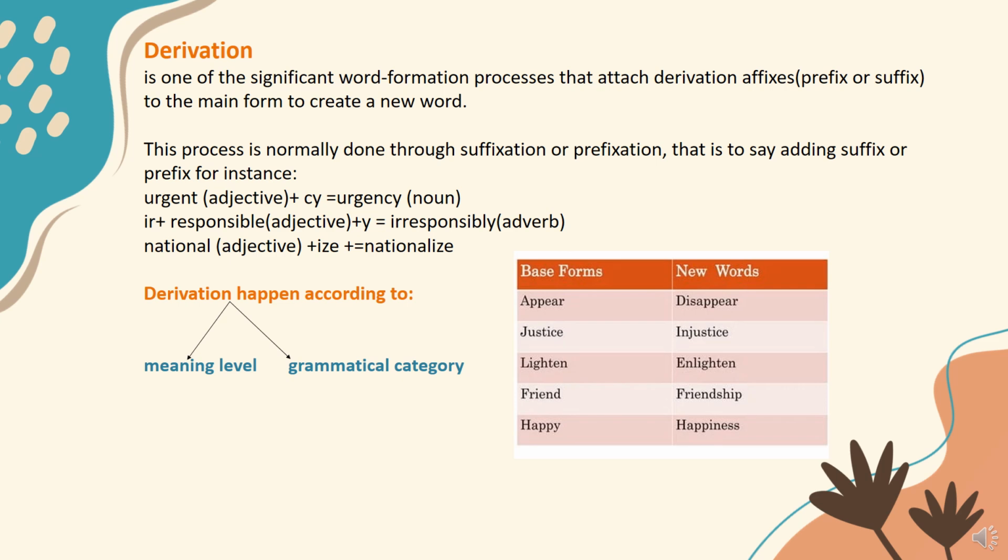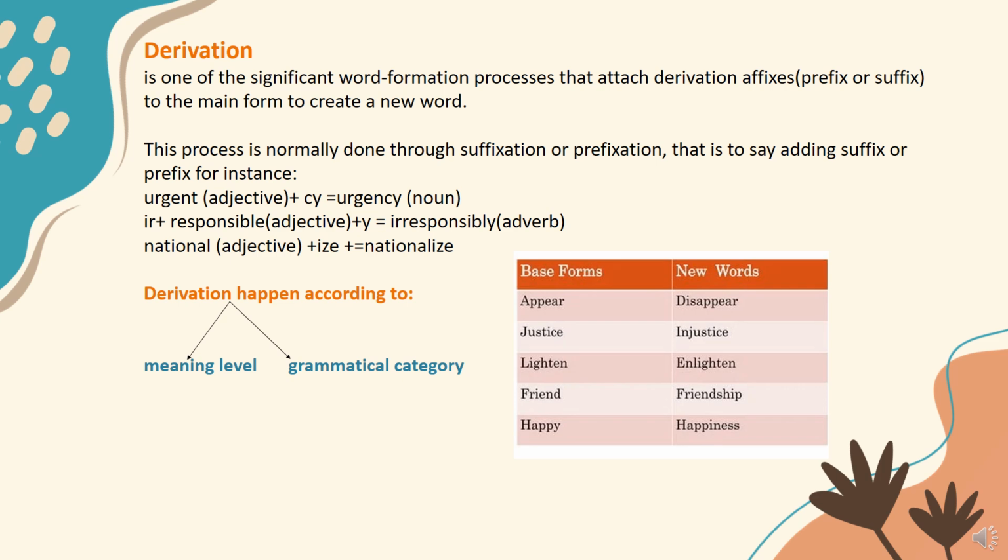By adding a prefix, which is ir, and adding y, which is a suffix, it becomes irresponsibly, adverb. Here the meaning totally changed and the grammatical category totally changed. It was an adjective and became an adverb. The meaning is totally different.